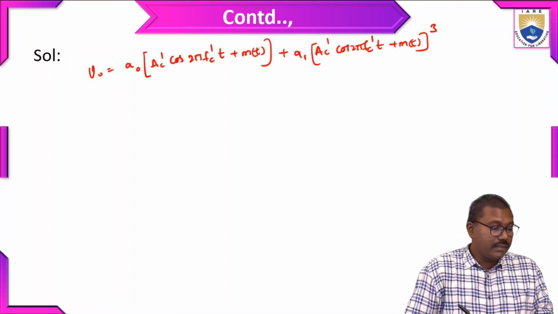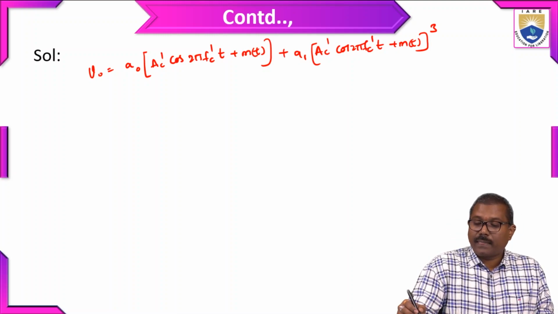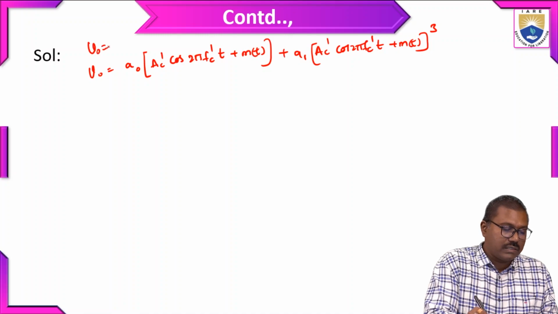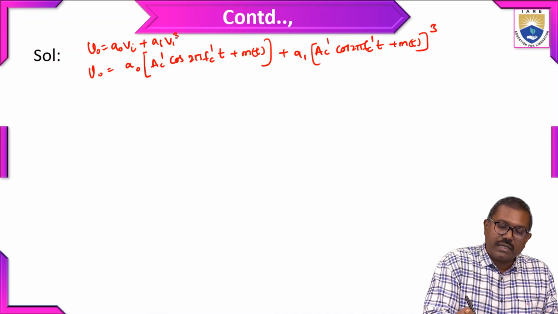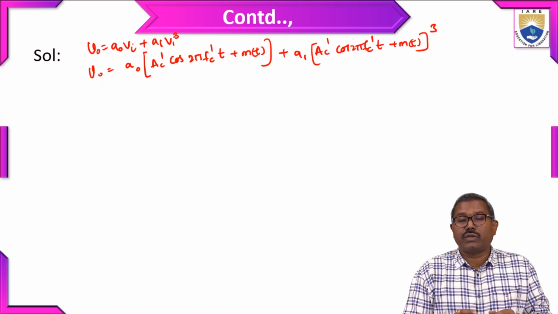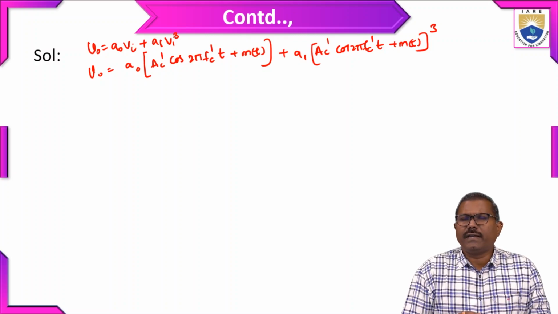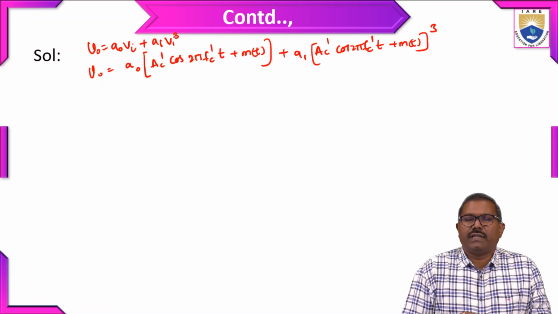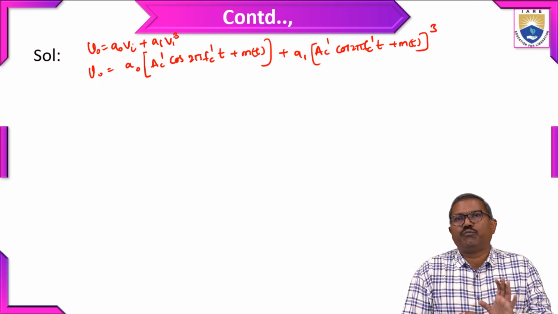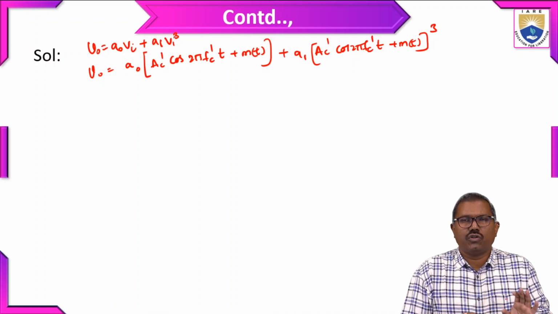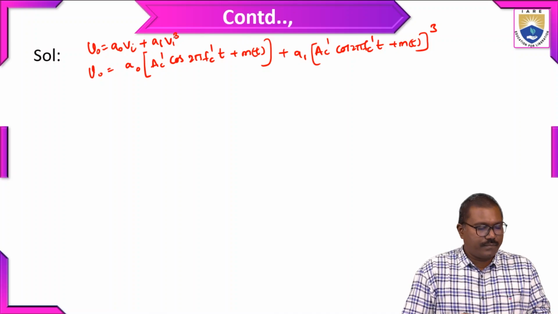Why? Here the given V naught is equal to A naught Vi plus A1 Vi cube. So here I have just substituted the Vi value, the input voltage, in the above nonlinear equation.